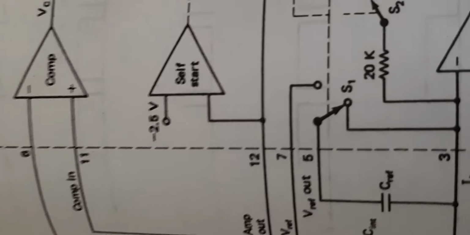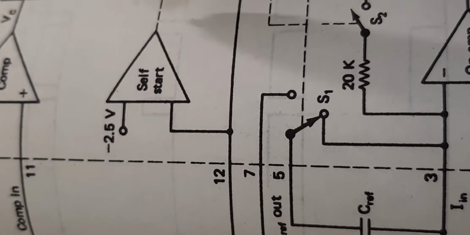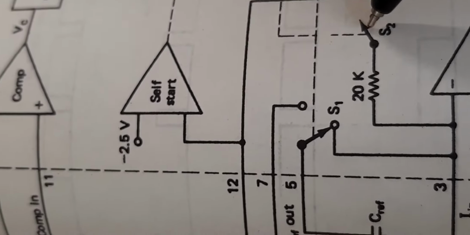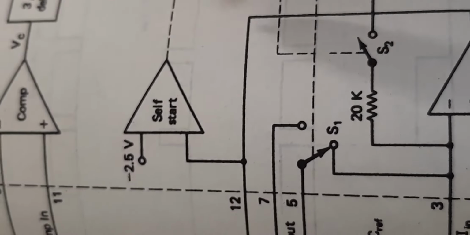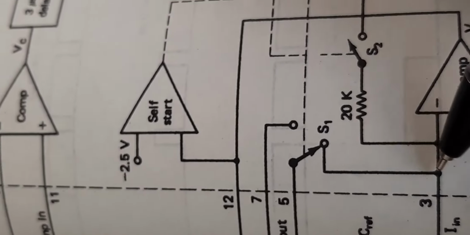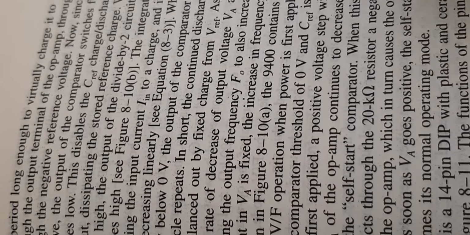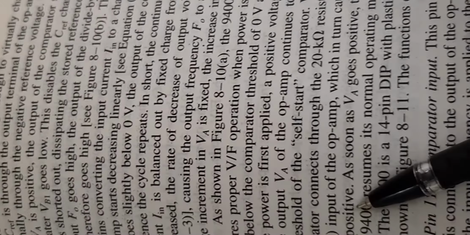So when this is happening, this will be connected to this position, and this negative voltage is connected to the negative terminal. So VA is switched to positive, and the op amp quickly goes positive.